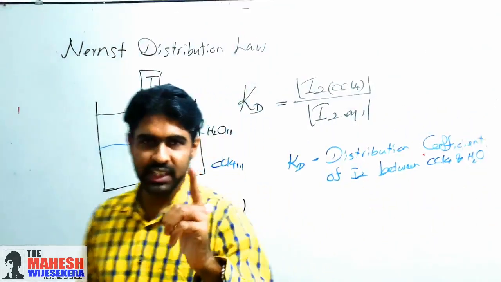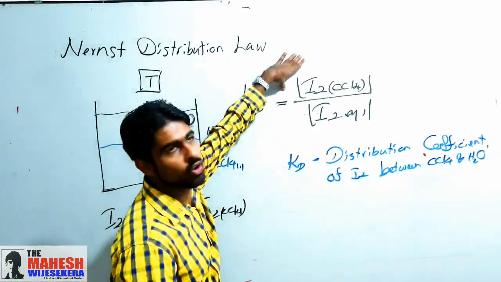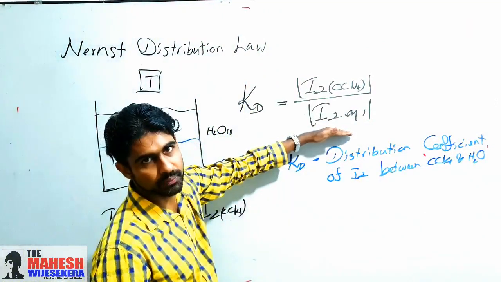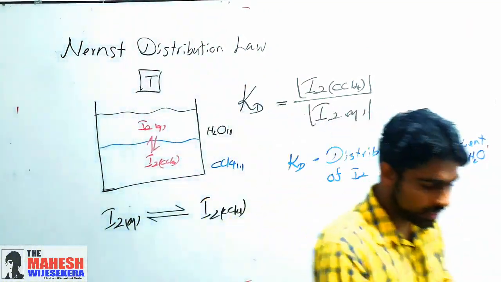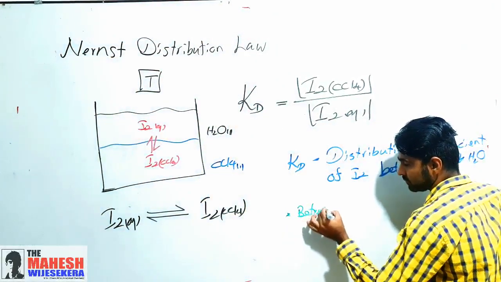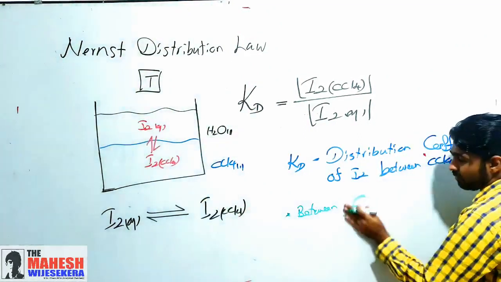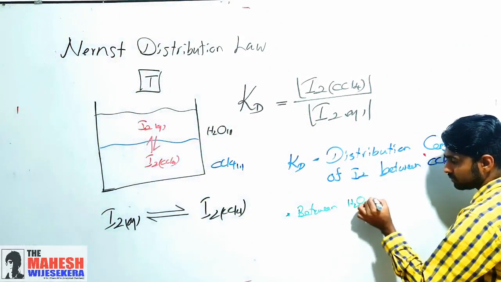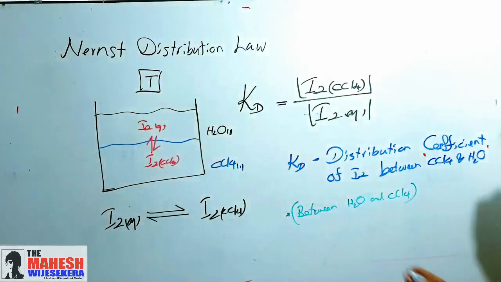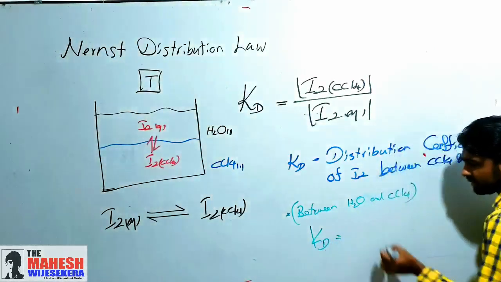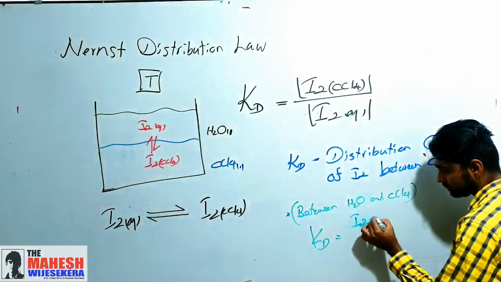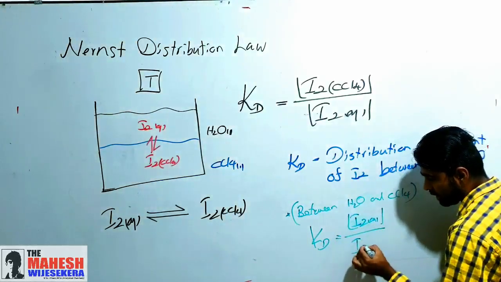So if you say CCl4 and water, I2 CCl4 concentration comes top, water bottom. If we say between water and CCl4, we write our Kd is equal to I2 aqueous concentration over I2 CCl4.